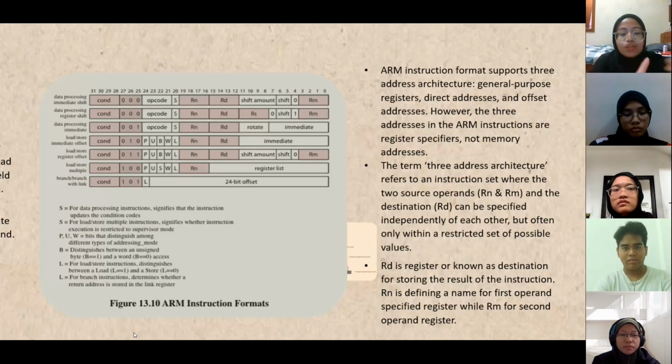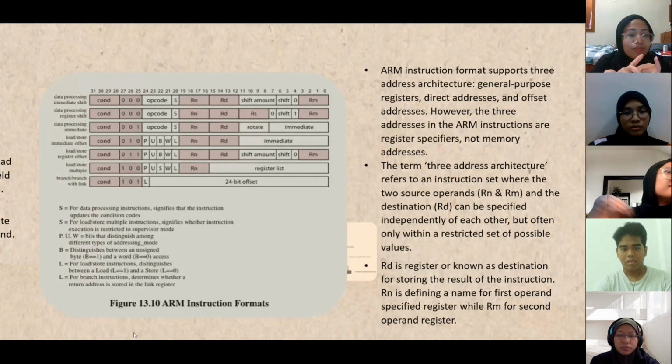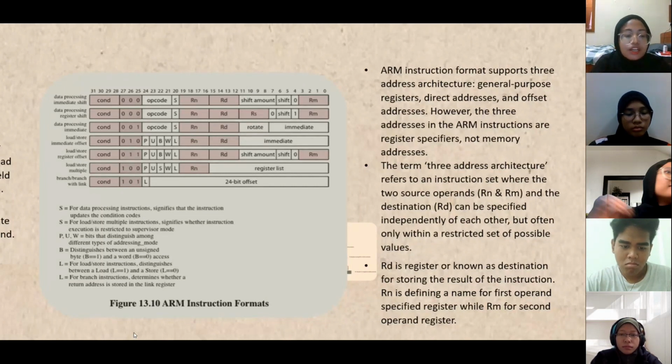And then we have opcode in bits 21 until 24. And we have certain conditions, which are data processing, load store immediate, load store register, and load store multiple. And from these, first is data processing. So data processing may transfer data from one location to another location.